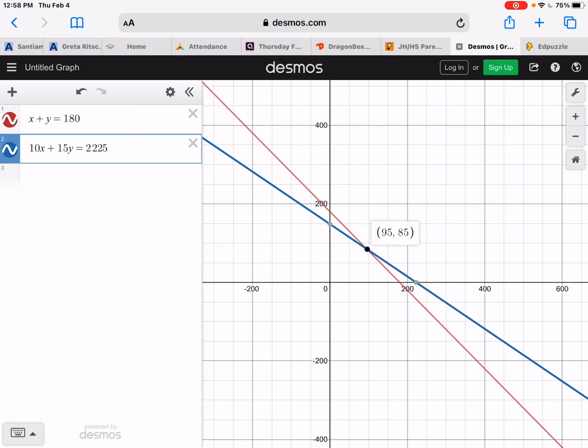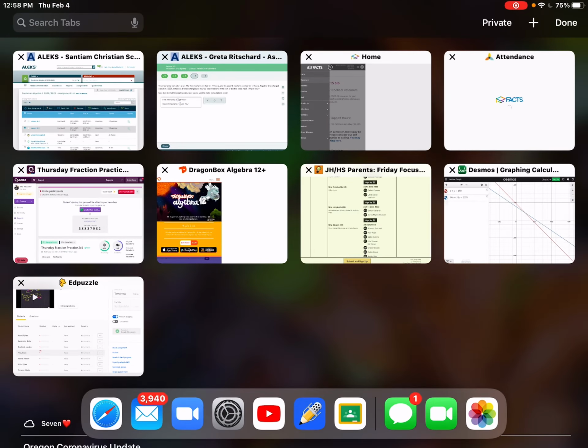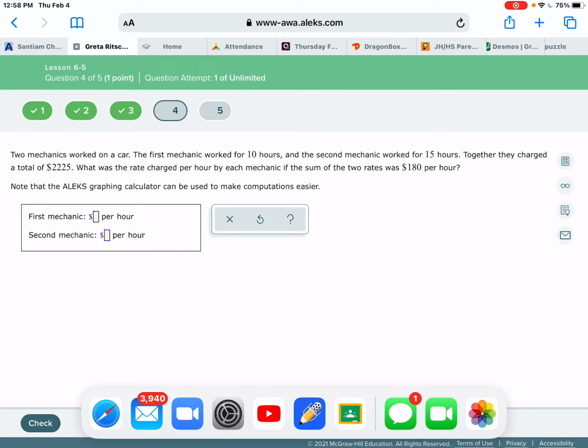One is x and one is y. On our axes, one is actually mechanic 1 and one is actually mechanic 2. So this is the number that is going to show us the first mechanic.